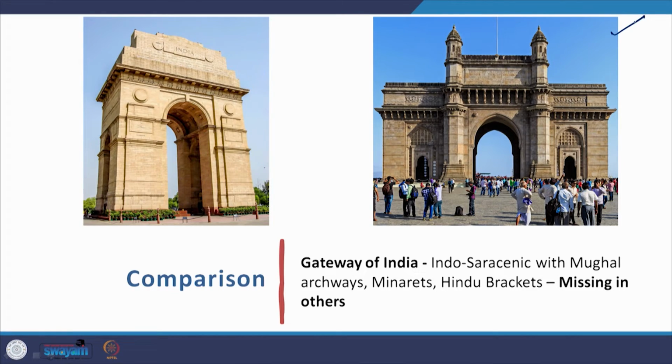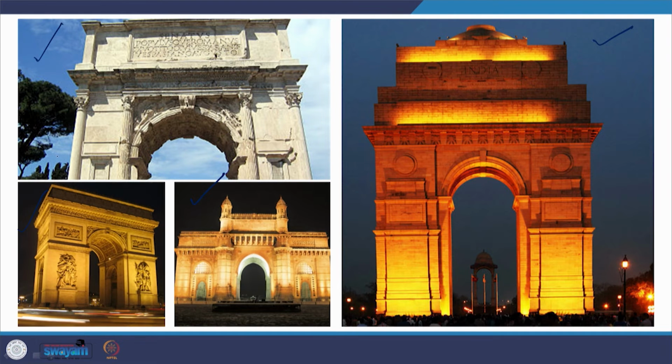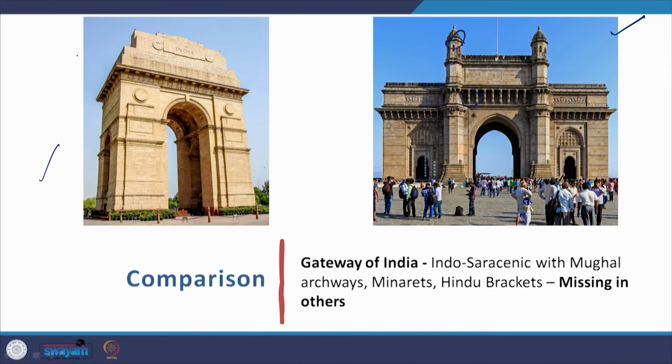If you remember, in the last presentation I compared it with the Buland Darwaza of Fatehpur Sikri, the use of brackets and the minarets, etc. But in India Gate that is not there. India Gate is more a derivation of the triumphal arch or the Arc de Triomphe rather than the Gateway of India, but the idea is similar.